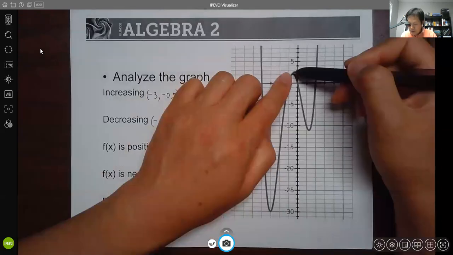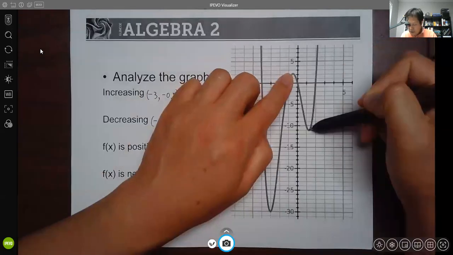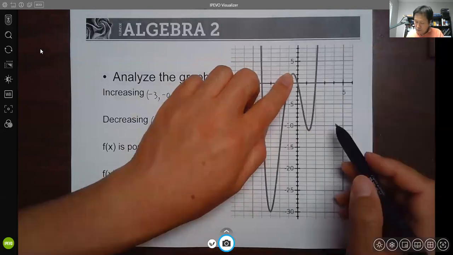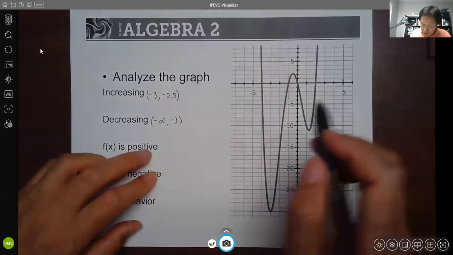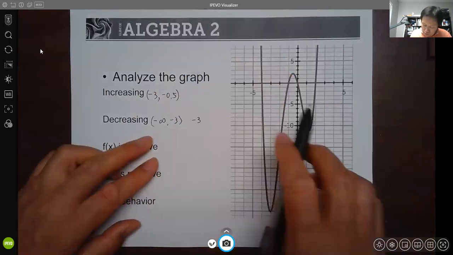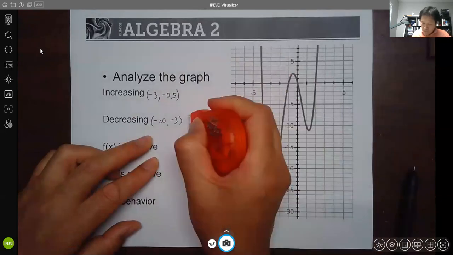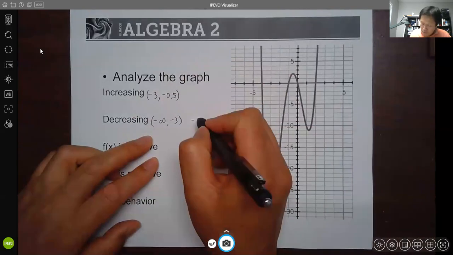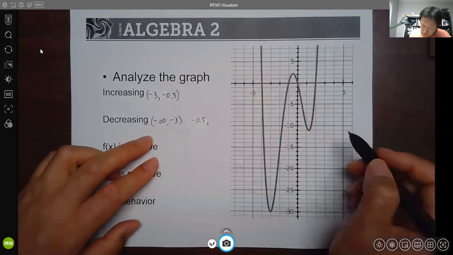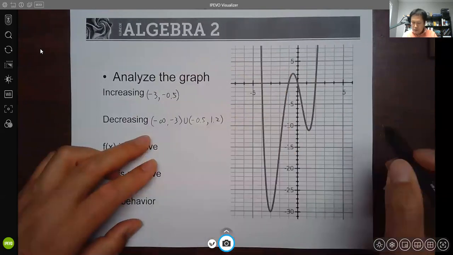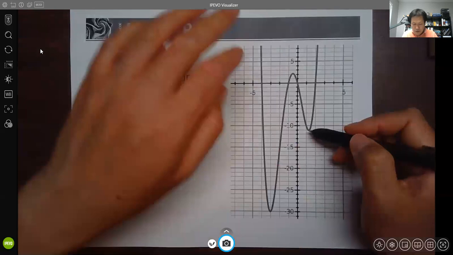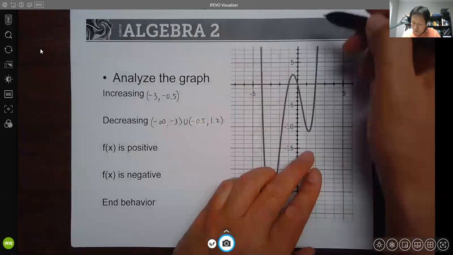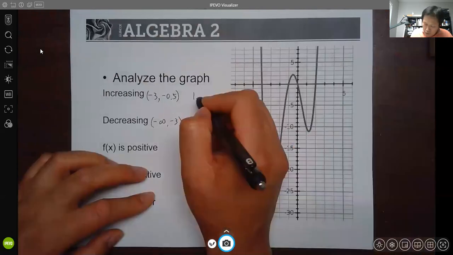Now decreasing from minus 0.5 to, I would say, a little less than 1.5, so 1.2. Decreasing from minus 0.5 to 1.2. Then increasing from 1.2 to infinity.